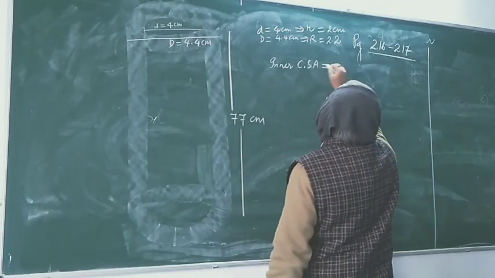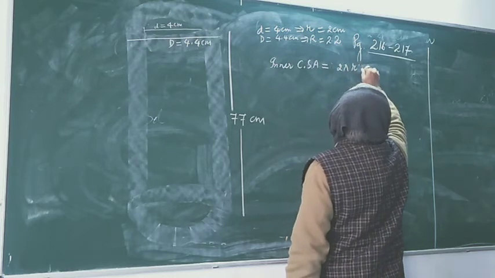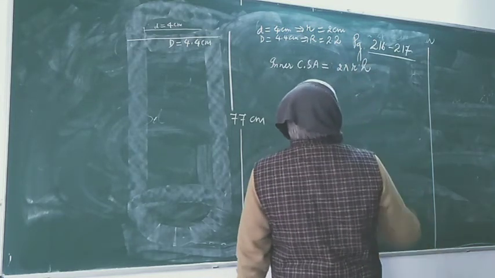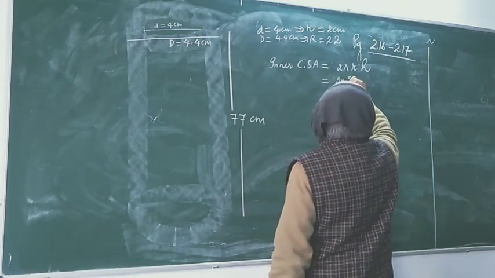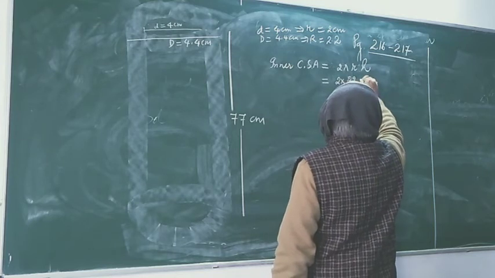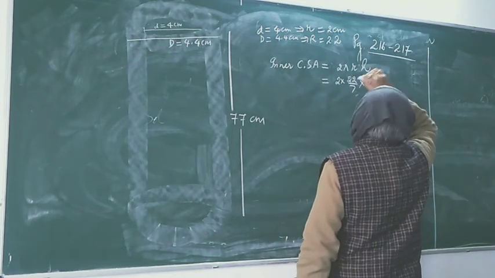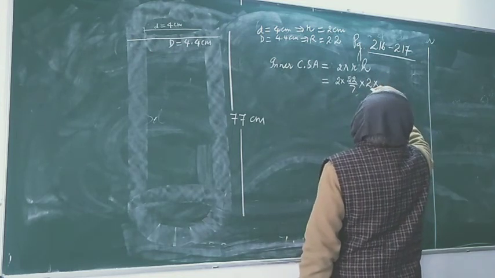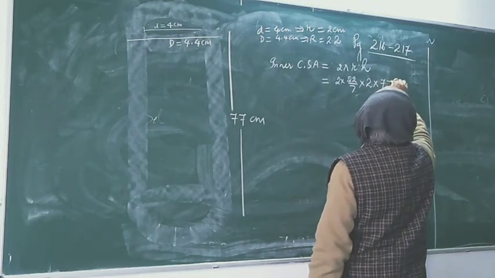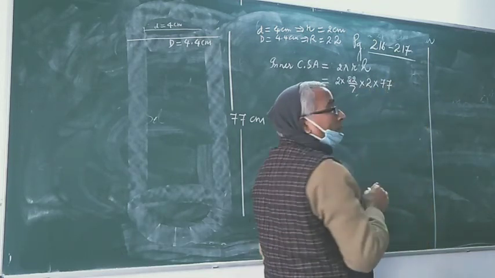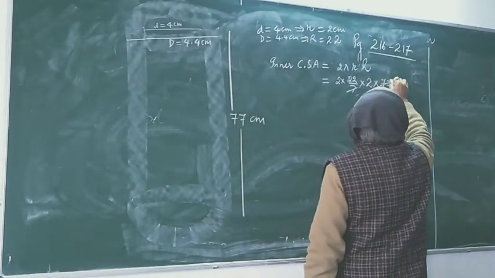Inner curved surface area equals 2 pi small r into h. Now simplify the values. 2 multiplied by 22 by 7 multiplied by 2 multiplied by height, which is given as 77. How can we simplify? 7 cuts 7, 11.